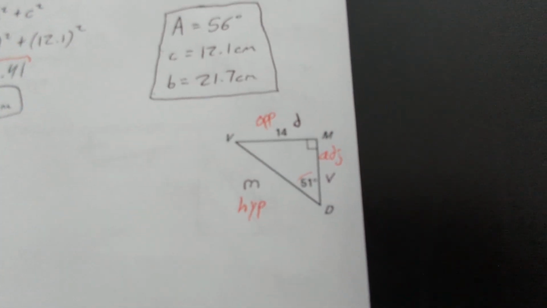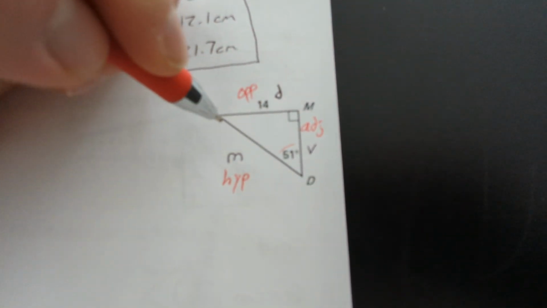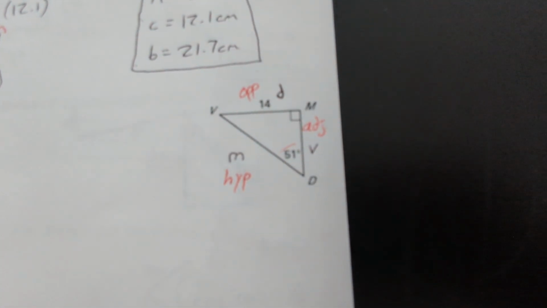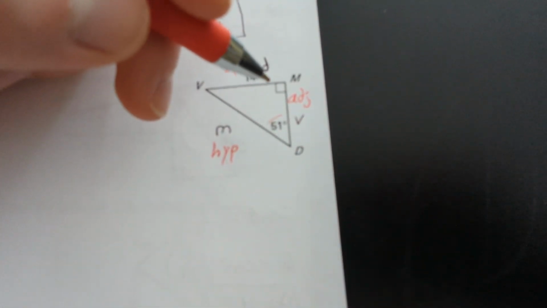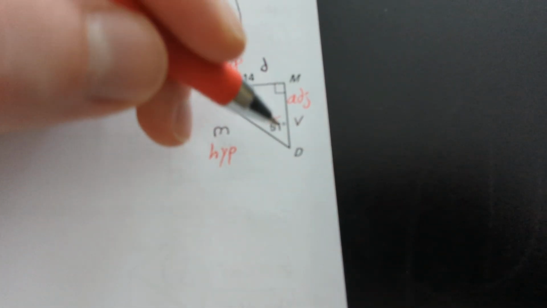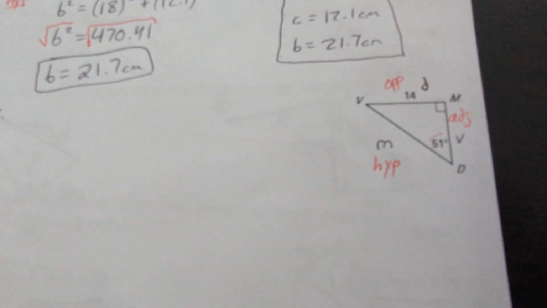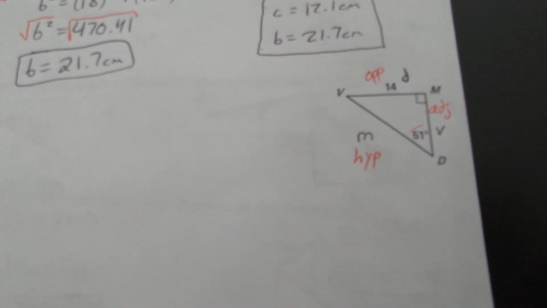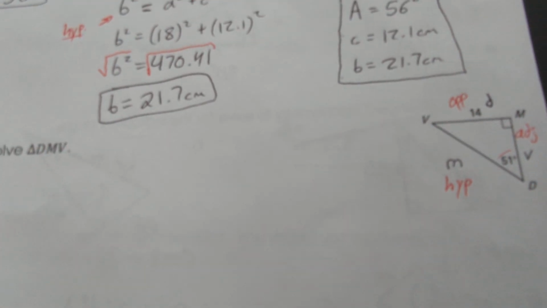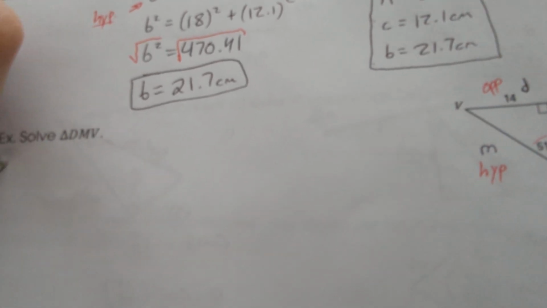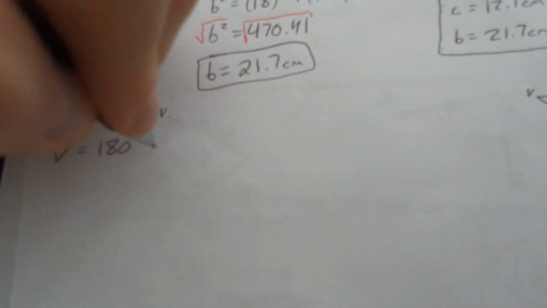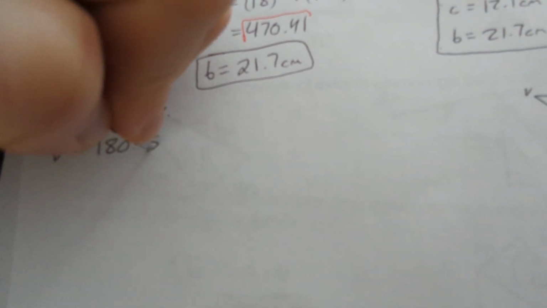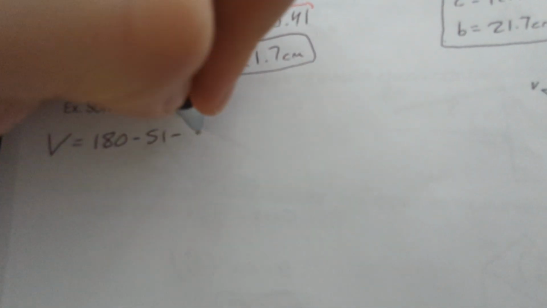Now, first thing we should find is this angle here, because that's the easiest thing to do. Because these angles all have to add to 180, you could just do 180 minus these two angles, and you'll get what V is. So capital V is going to equal 180 minus 51 minus 90, right?